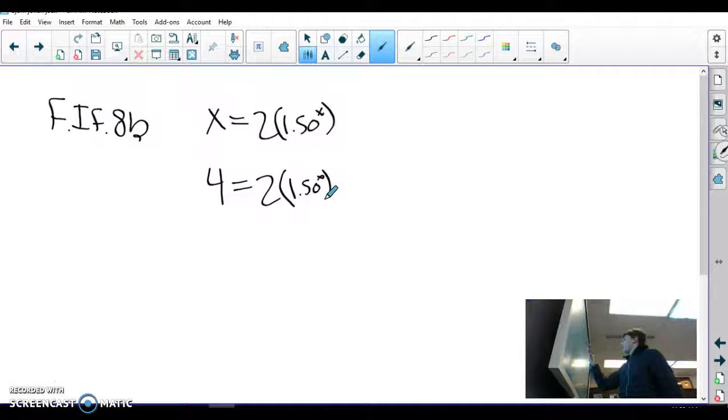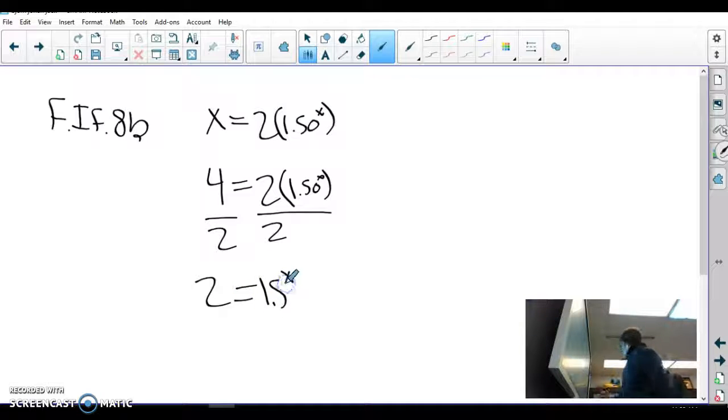So you're gonna want to figure out how much time it takes to get to 4. So you can divide by 2, and that gives 2 on this side equals 1.5 to the x. And then since this is an exponential form, you can convert it to logarithmic form.